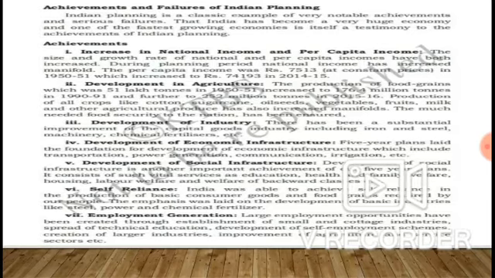Further, it rose to 252 million tons in 2015 and 16. See, in the year 1990 the production of food grain was increased compared to 1950. So compared to the 1990 production, it again increased to 252 million tons in 2015 to 16.